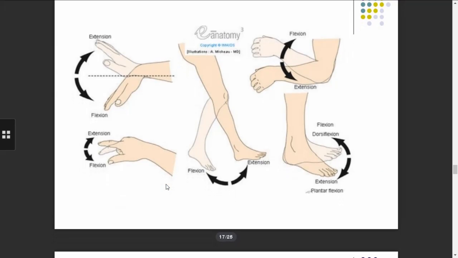We have other examples like this one. Here is the example of extension and flexion movement. Here is the example of extension and flexion of the fingers.